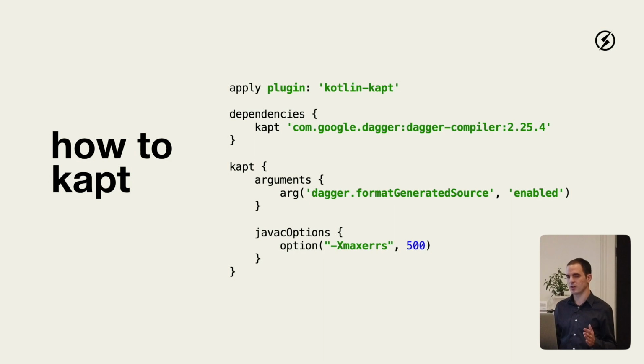And unfortunately, in the Java compilation, the number of errors is limited to 100 by default. And if the real error, the root cause, is number 101, you will not see it at all. So to see it, just increase this number to a very big number, and then at least the error will not be lost. You can find it in the long list of errors. It is hard, but at least it is there. So I suggest you turn this on, and actually this is suggested in the official Kotlin kapt manual as well.